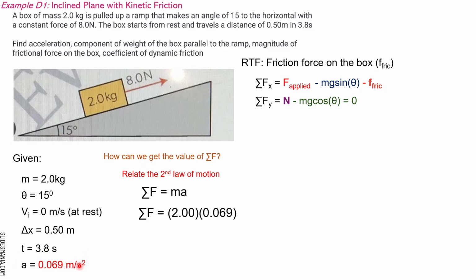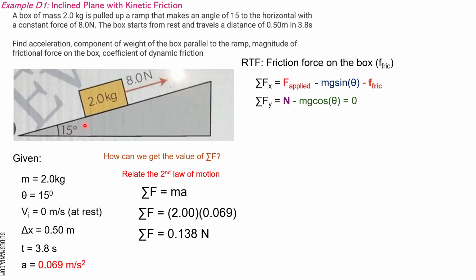So this acceleration means that there is indeed a non-zero net external force that is applied on this object, which caused the acceleration in the first place. Now we're going to find it using Newton's second law of motion. So we find that the net external force that is applied on the box is 0.138 newtons.